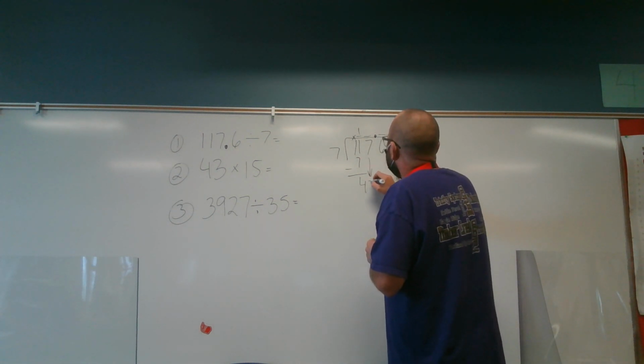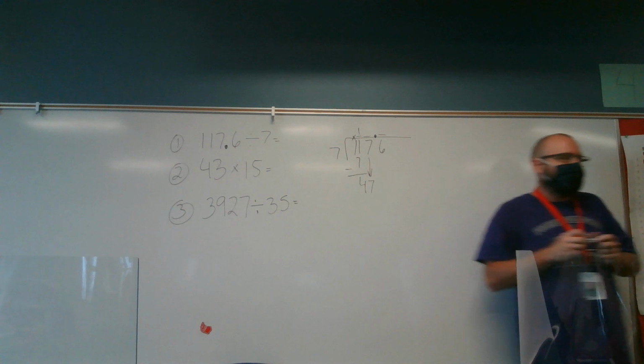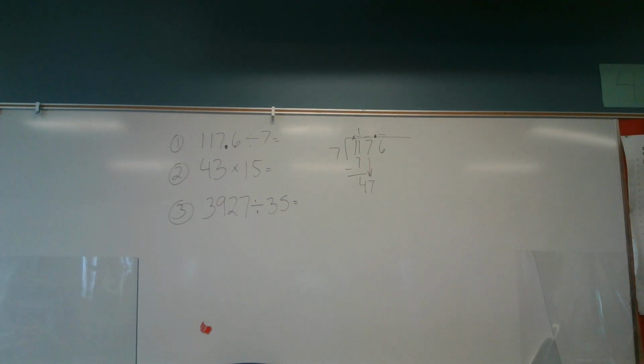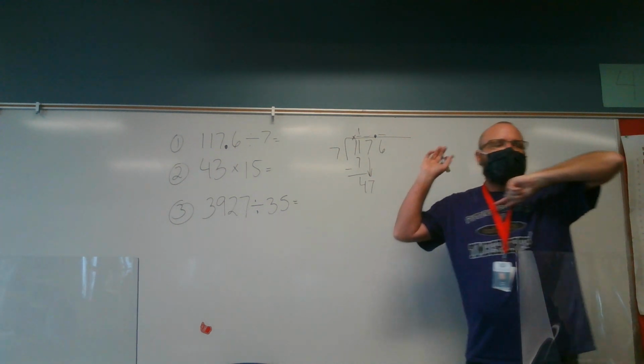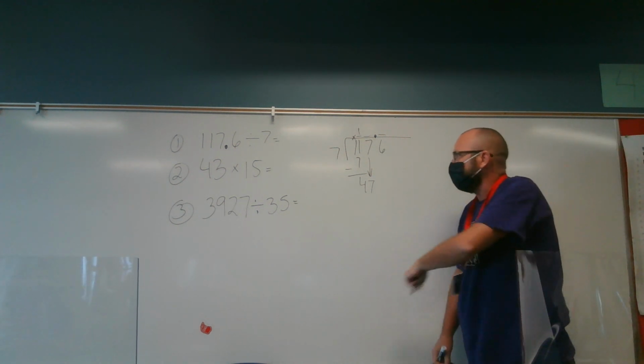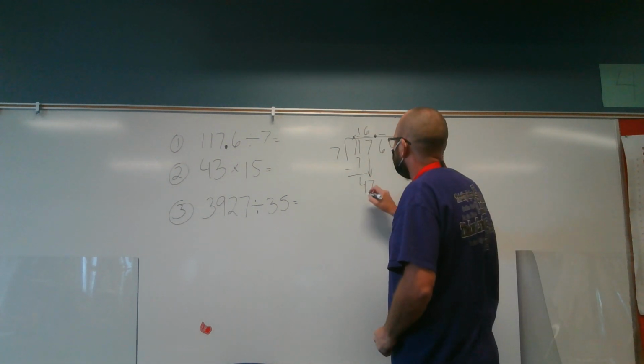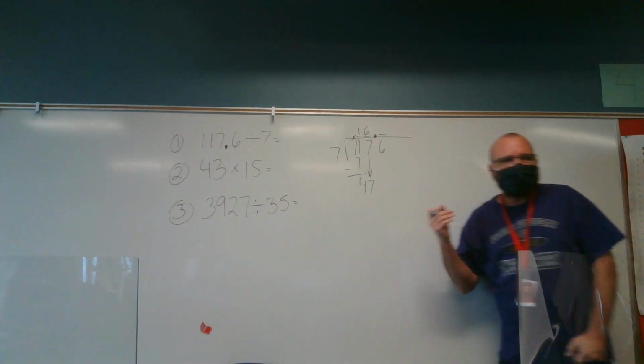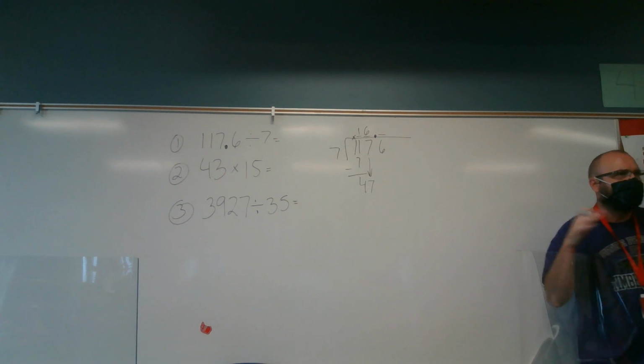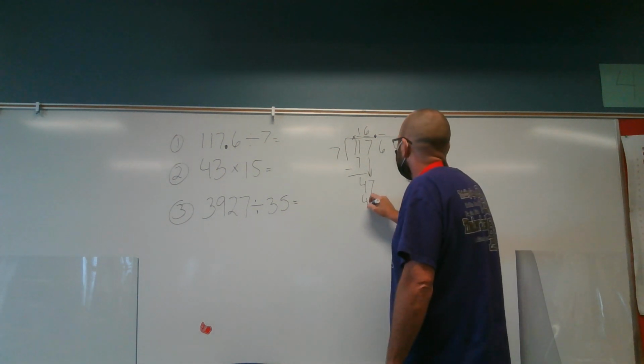Now I bring down my next number. Then I ask myself, does 7 go into 47? Yes. How many times does 7 go into 47? 6. Then I ask myself, what is 6 times 7? 42.